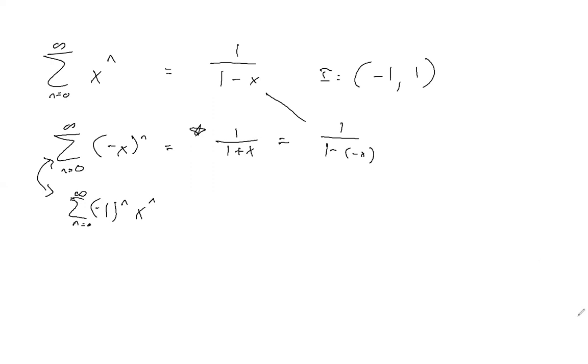And we can do other similar modifications. So again, I'm working with, okay, the sum of x^n equals 1 over 1 minus x. What if I wanted the power series for 1 over 1 minus 3x?